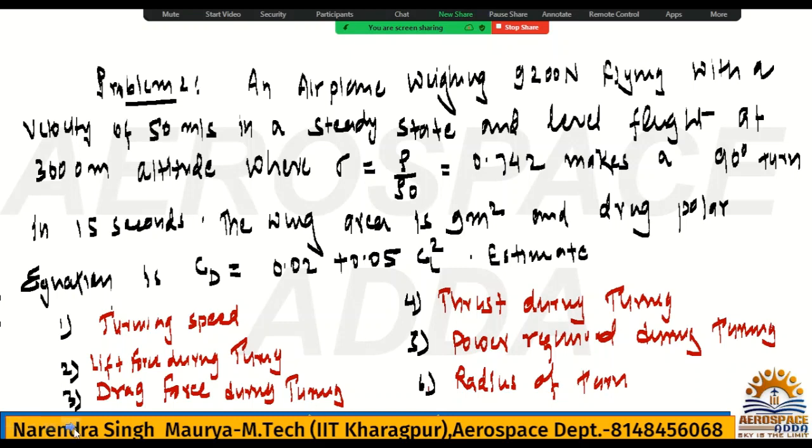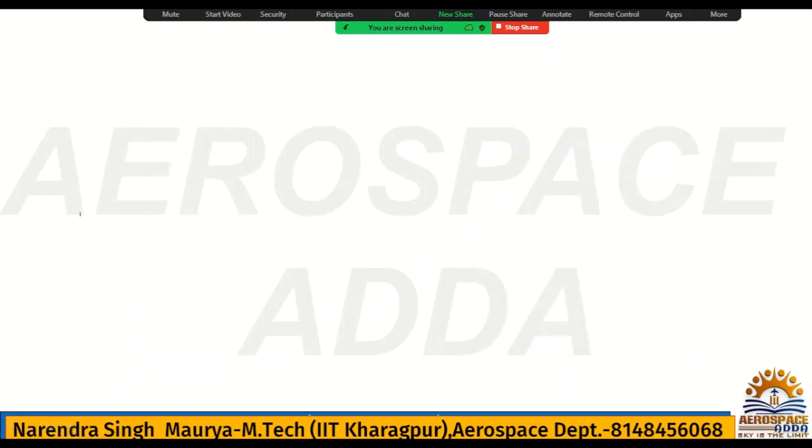Now what we'll do, see, first you have to understand this is the steady level condition for the flight. So for the steady level it is L naught lift and this is weight.